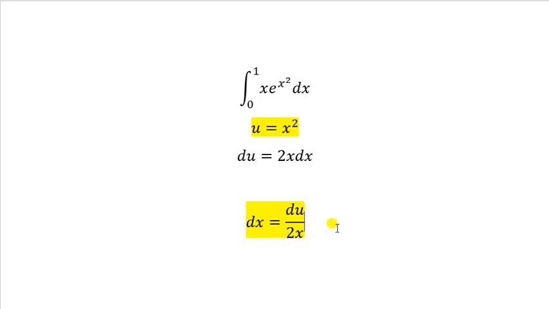Now, in substitution, we have two options. We can either work directly with these two and substitute, or we can also substitute the limits of integration. The advantage of substituting the limits of integration too is that we will just need to solve the integral directly after we have taken the integral of u.